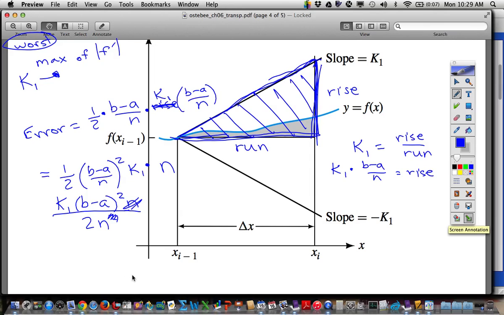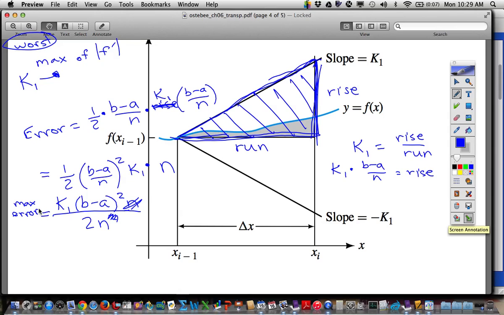Isn't that the formula in the top there in that box on page 387? For L, and it would be the same for R. Okay? So now remember what that is. That's the max error. That's the worst case scenario. And it's the worst case scenario because we've taken K1 and let it be the max of the absolute value of F prime.